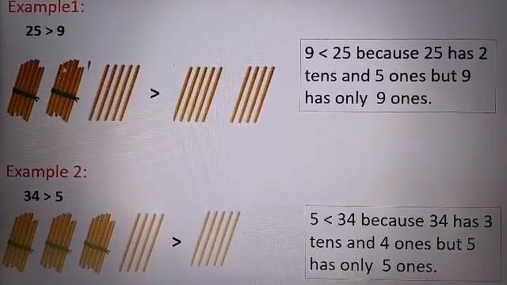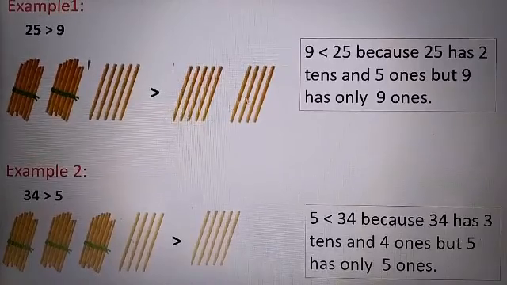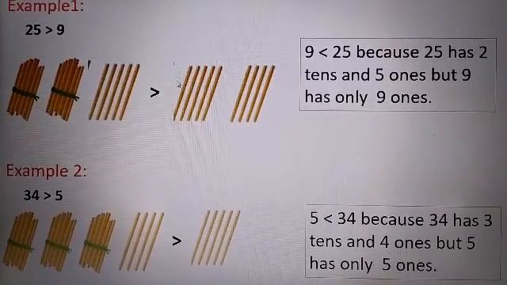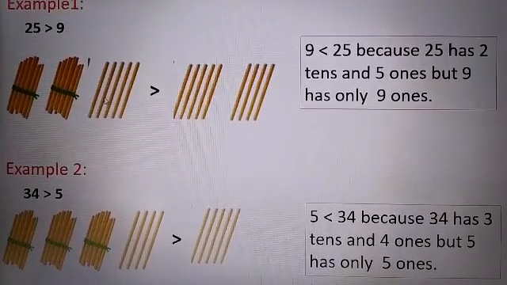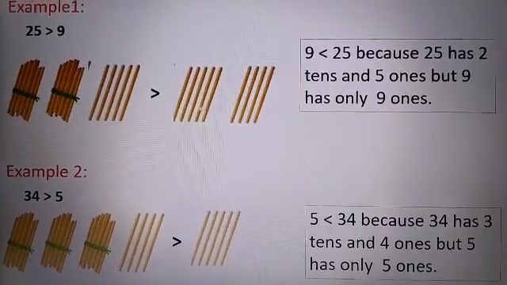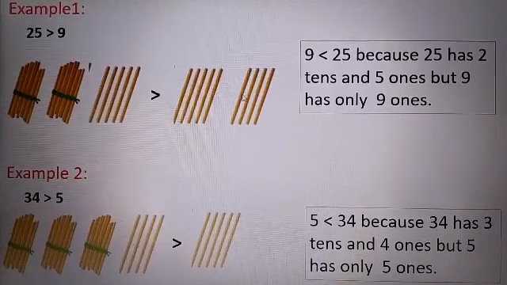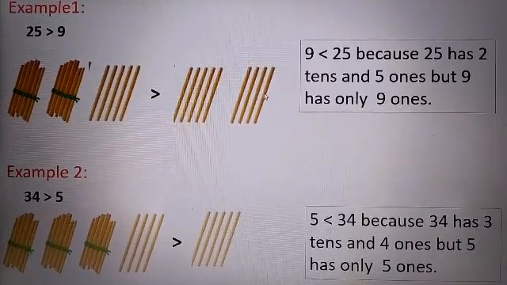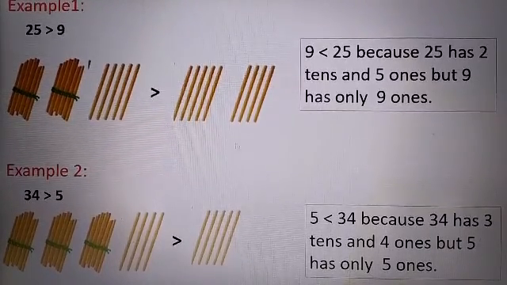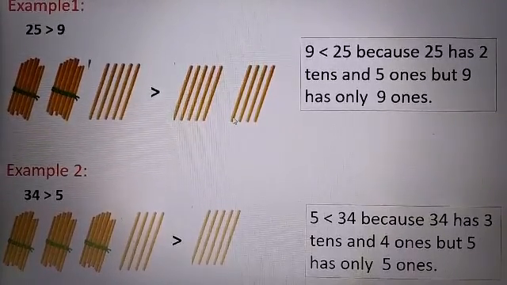It is 1 ten and 2 tens in 25. But in 9 there is no ten. Here it is 1, 2, 3, 4, 5, 5 ones. Whereas here the sticks are 1, 2, 3, 4, 5, 6, 7, 8, 9. Only 9 ones. So 25 is bigger than 9.